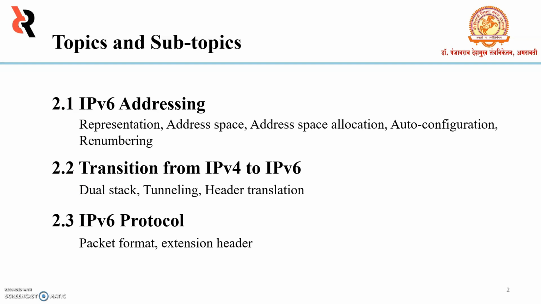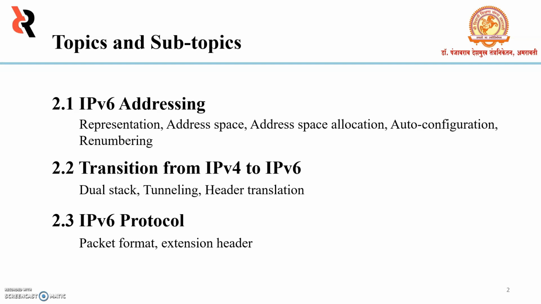Topics and subtopics. The first topic of this unit is IP version 6 addressing. In this topic, we cover the following subtopics: representation of IP version 6, address space of IPv6, address space allocation, auto configuration, renumbering.